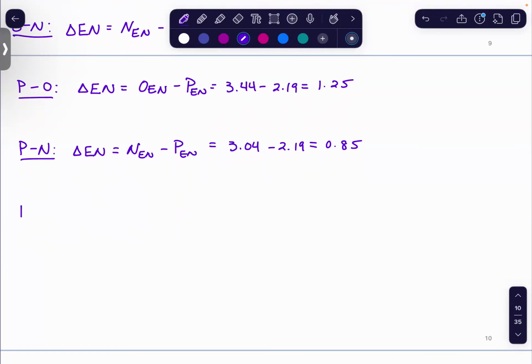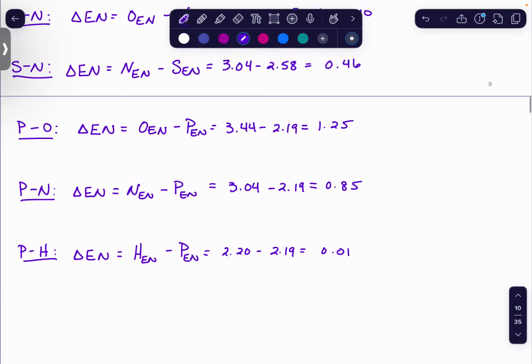Let's see, phosphorus hydrogen. And that one's not polar at all. So when we look, we can say the least polar of all of these is the phosphorus hydrogen bond.